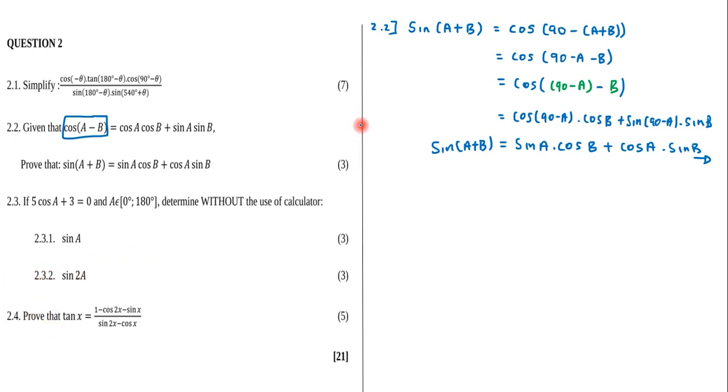Now let's go ahead and go into the next one. Now into the next one here, we are given that 5 sine A plus 3 is equal to 0, and A is an element of 0 to 180, right?